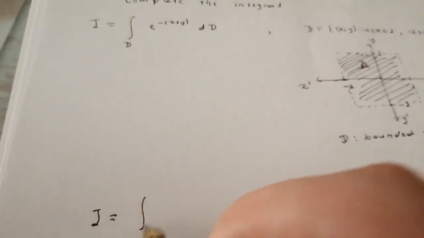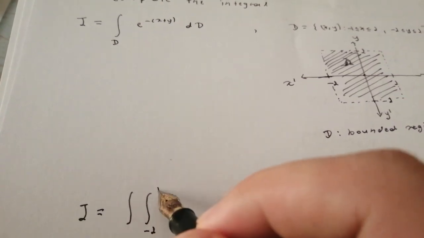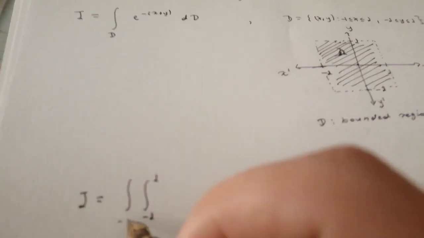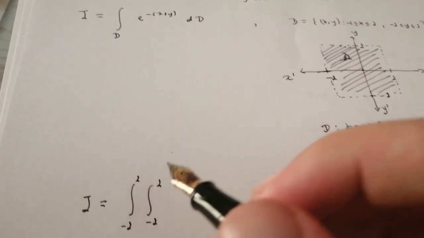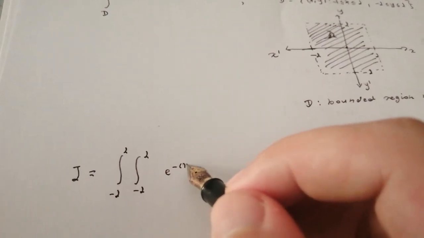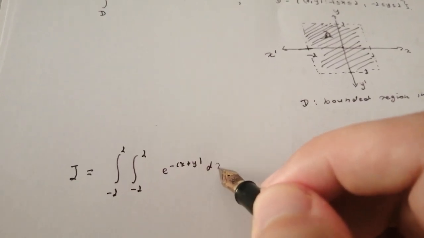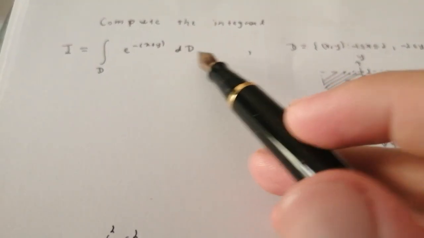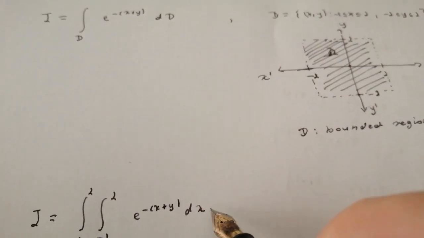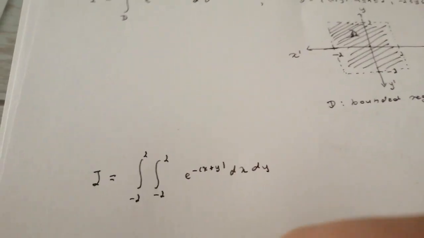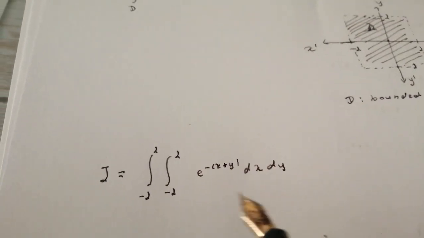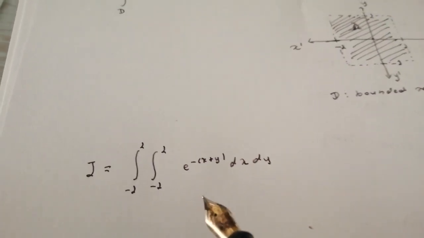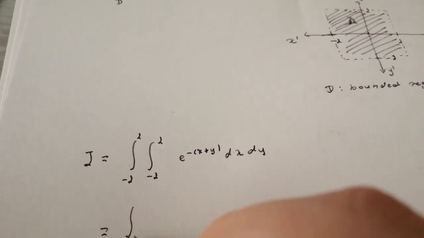So the integral simply becomes, we have that x goes from minus 1 to 1 and y goes from minus 1 to 1. The differential here is dx dy. When we have a double integration, we can do the following.